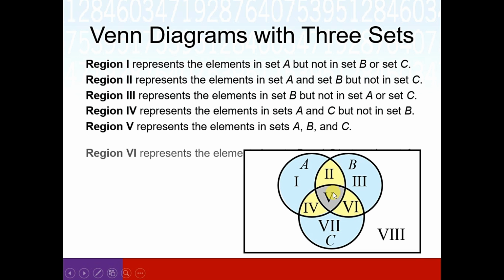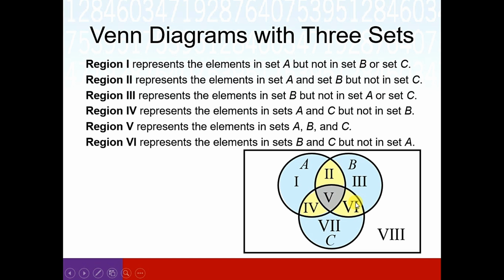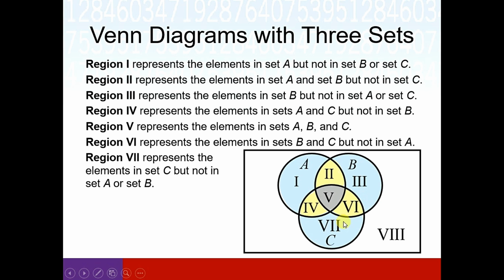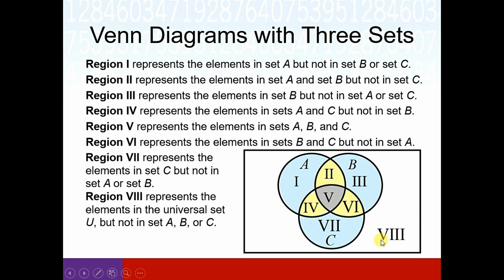We also have region 6 that represents the elements in set B and set C but not in set A. And now we have region 7 that will represent our elements in set C but not in set A or set B. And finally, region 8 will represent our elements in the universal set but do not belong in set A, B, or C.